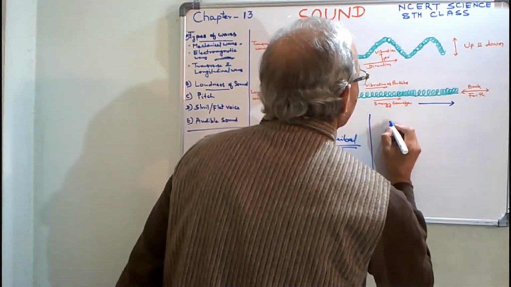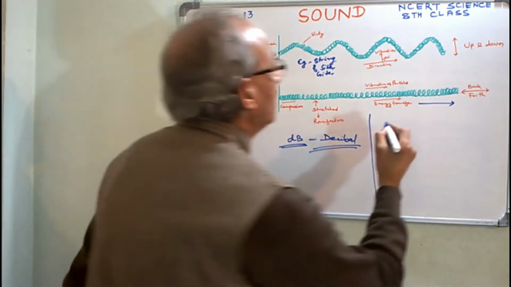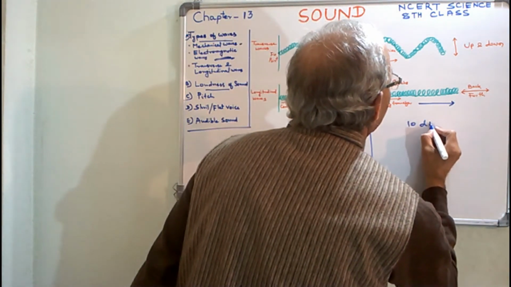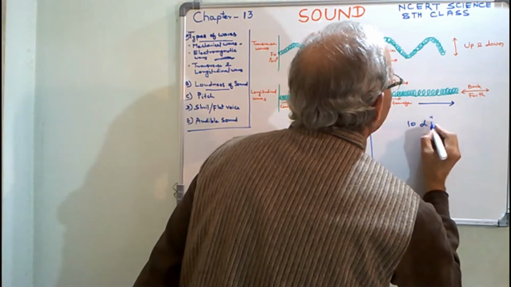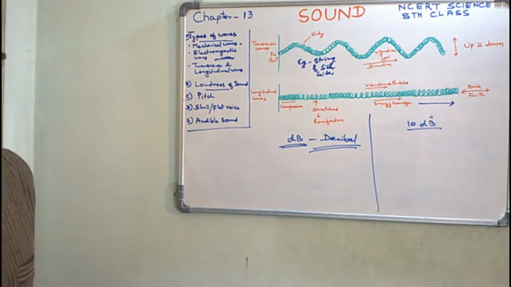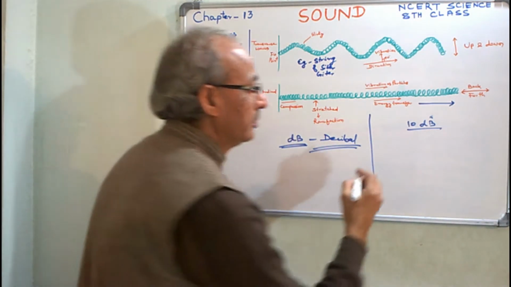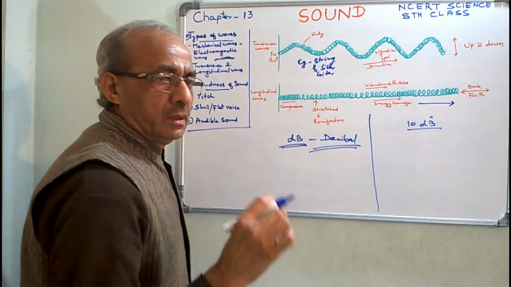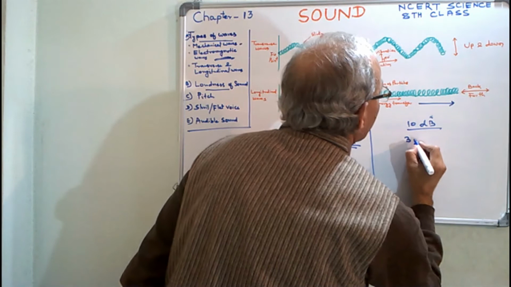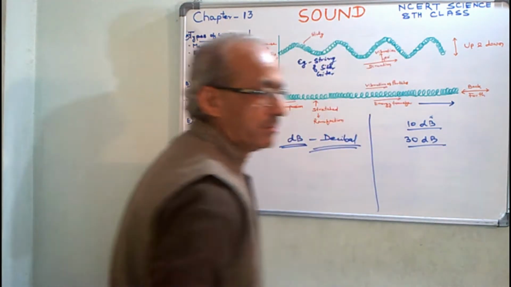Our breathing has 10 decibel loudness of sound. When two persons or one person is whispering, the whispering has 30 decibel loudness.